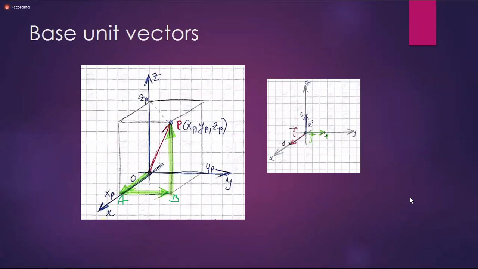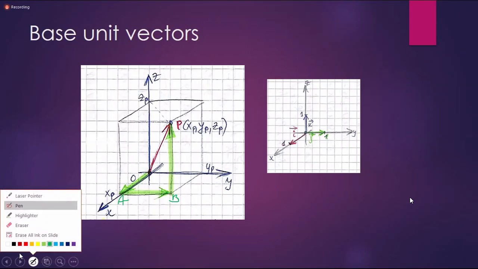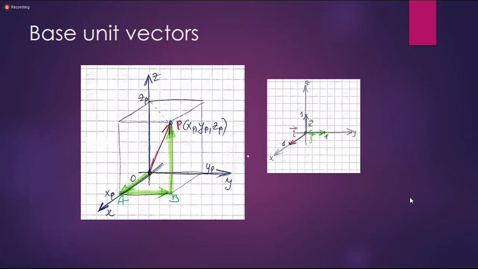I said the most famous unit vectors are the vectors in the direction of the axes. So the unit vector i on the x-axis, the unit vector j on the y-axis, and the unit vector k on the z-axis.